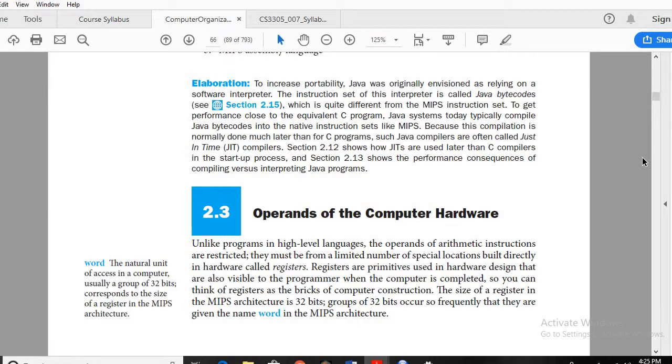Groups of 32 bits occur so frequently that they are given the name word. In MIPS architecture, word. Definition. Word: group of 32 bits. So would it be right to say that a word is a register?